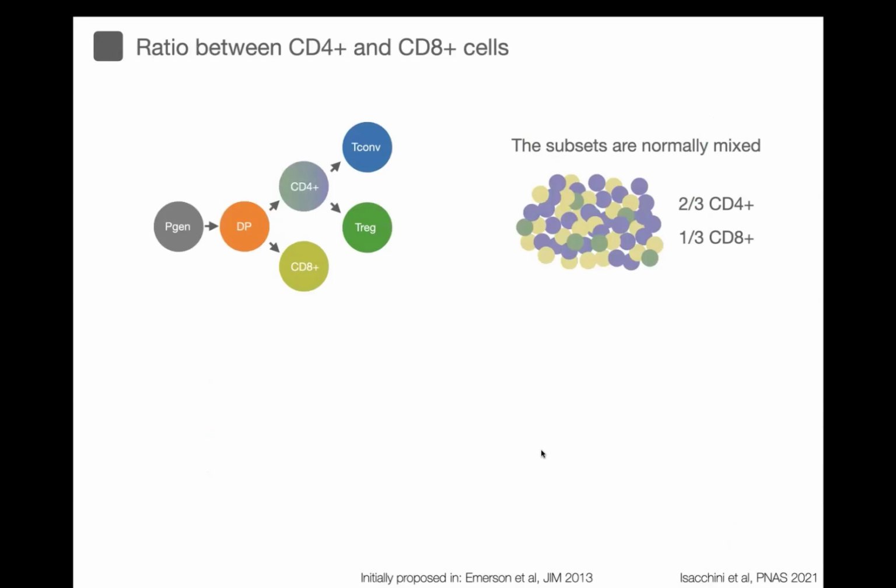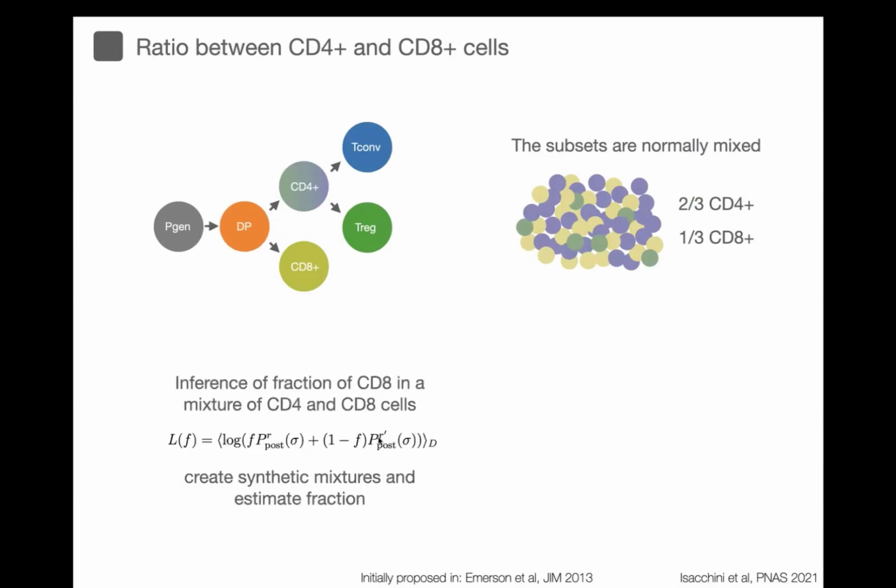Another thing that you can do with these models is that once you have a P-post model or a SONIA model for each subset, you can think about a mixture. Like in the case where you don't have the subsets anymore, where you have a mixture of CD4 and CD8, and you can infer the fraction of CD4 and CD8 in this mixture.